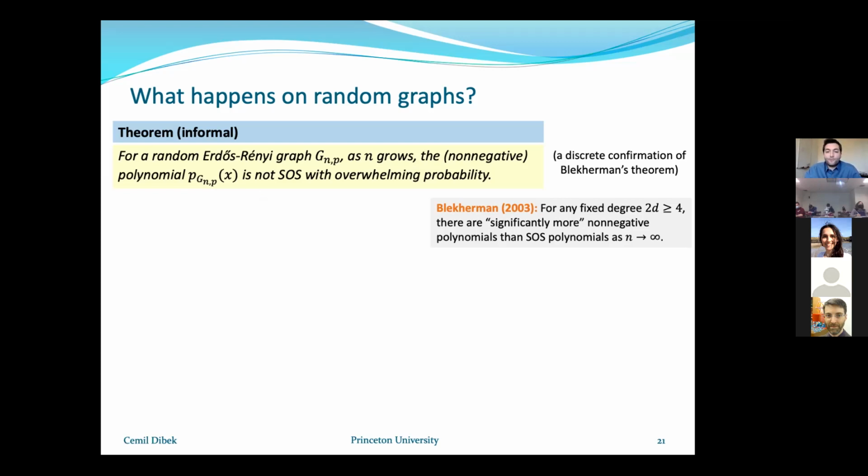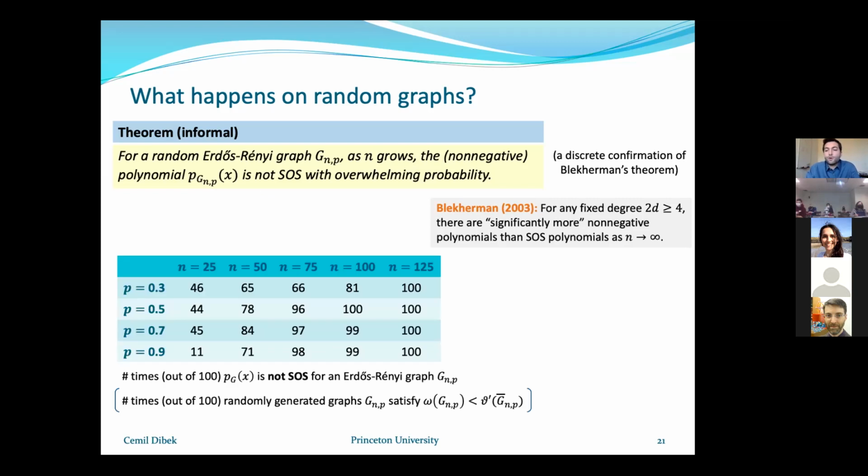And when you look at the formal theorem that we have in the paper, you might realize that sometimes we might require n to be large, like millions of vertices, in order to obtain random graphs with P_G(x) not SOS. However, that's not what we observe computationally. We observe computationally that this occurs even for very small values of n.